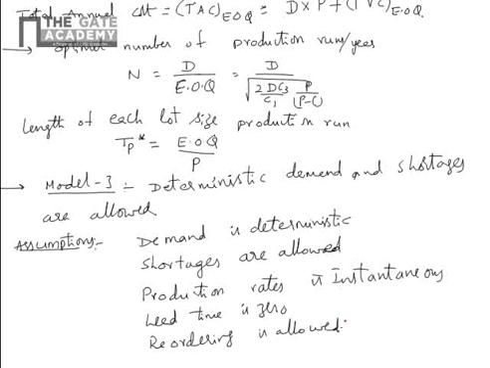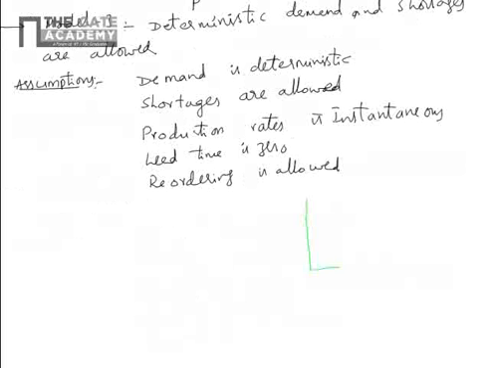So if you look at the diagram, in the first scenario the demand is deterministic and production is instantaneous. Suppose I have continuous demand, and here shortages are allowed, so it is going down. Even though demand is there, we don't have items. Suddenly, with instantaneous production, we will get the items. Again it goes down, and again suddenly we get items.